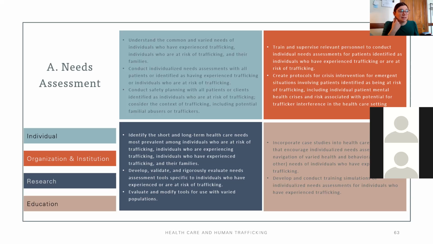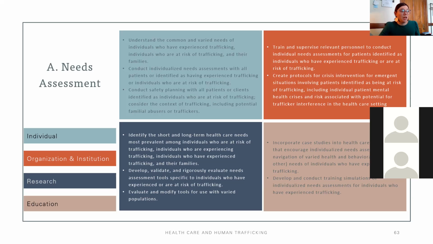Conduct individualized needs assessments with all patients or clients identified as having experienced trafficking or individuals that are at risk of trafficking, right? Every care should be individualized, specific to that person, their needs, right? Everyone is unique in their own way, and they come with their own experiences that they are the expert of.